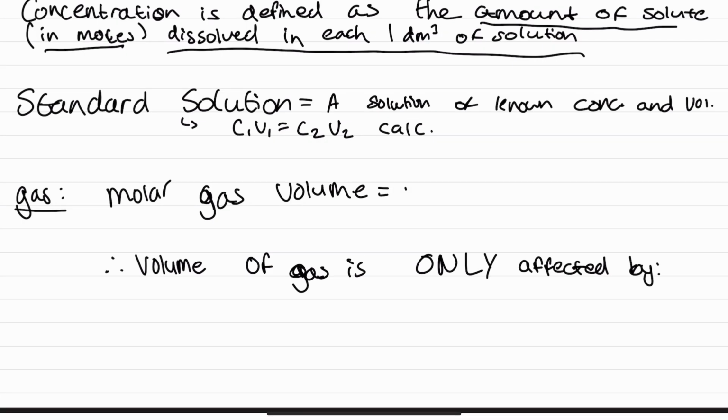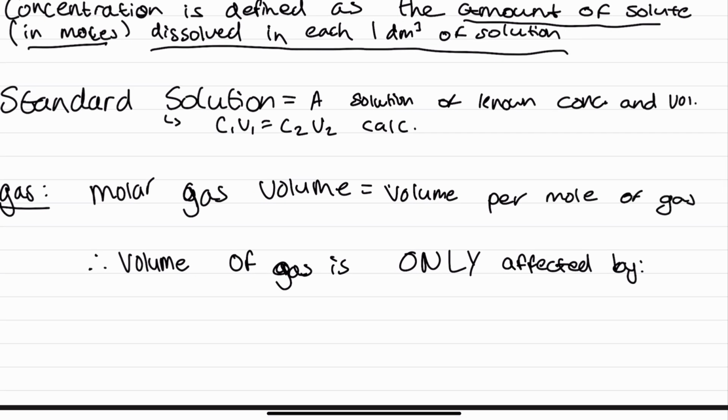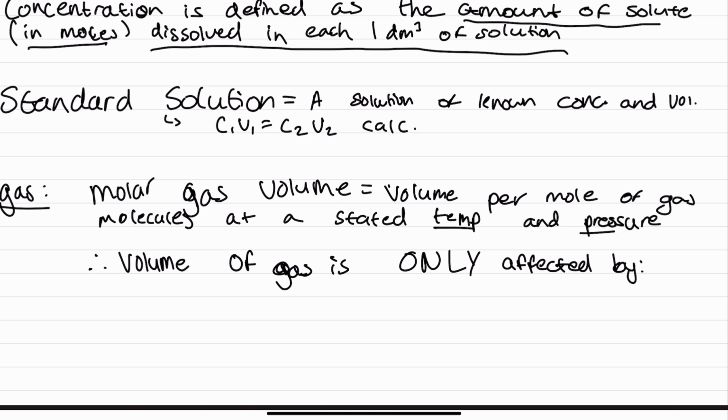Now, for gases, a gas is also different. For a gas, we need the molar gas volume. This is the volume per mole of gas molecules at a stated temperature and pressure.